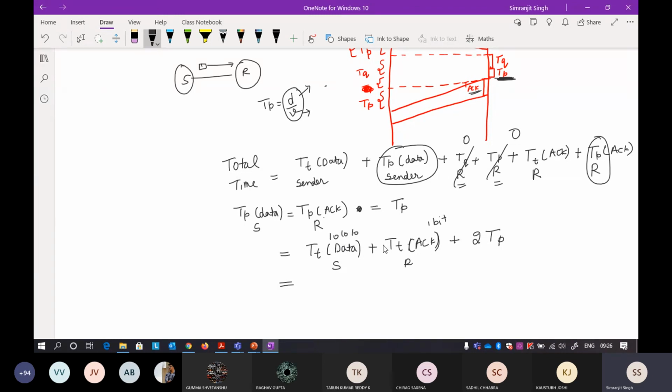That is why the transmission time TT for the acknowledgement is somewhat negligible. The time required to put 1 bit onto the link is very less, so I am just ignoring it. I can calculate this time as 0.